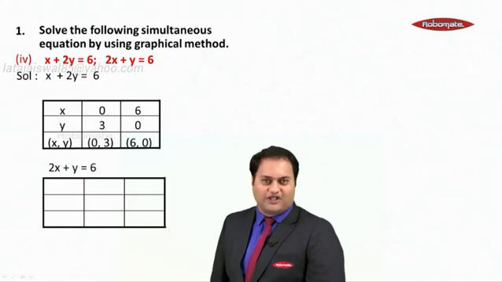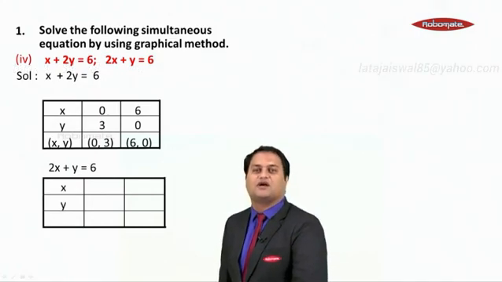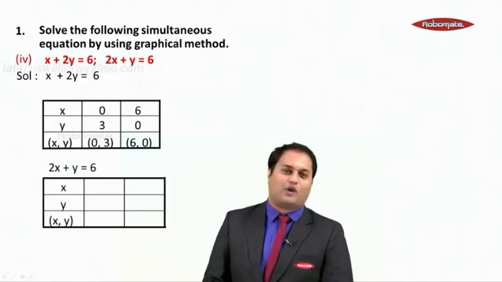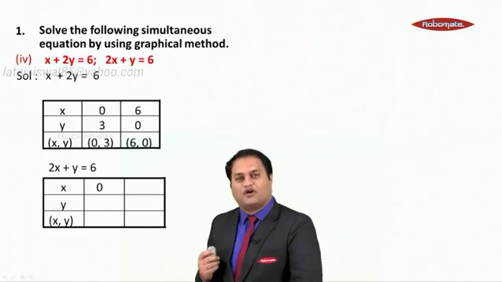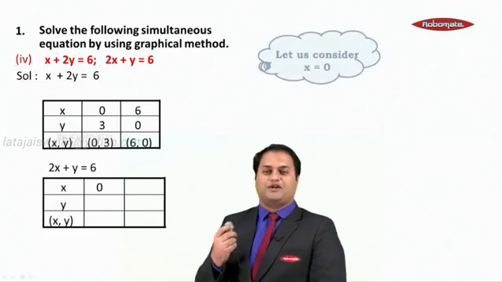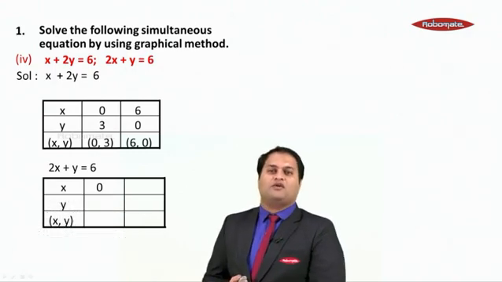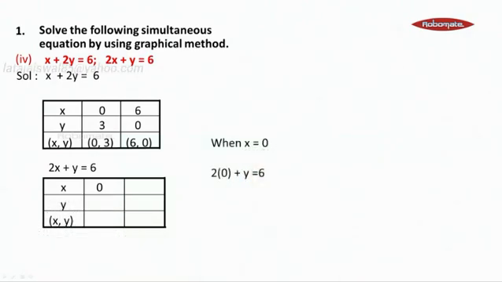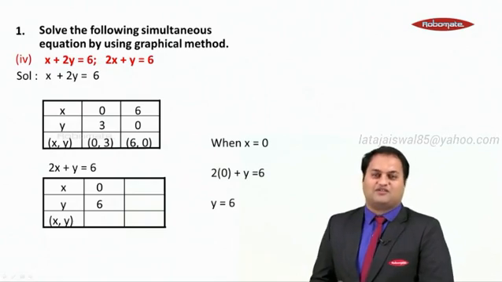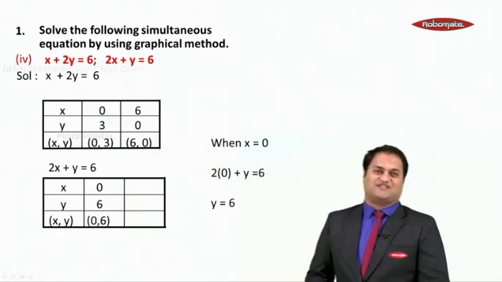First draw a table: x, y, x comma y. Now what do we do? First take x as 0 and substitute. When we consider x as 0, we get 0 plus y is equal to 6, so y is equal to 6. So when x is 0, y is 6, we get a point 0, 6.